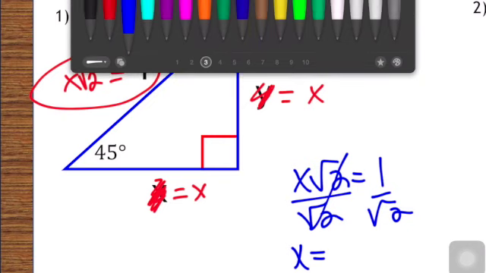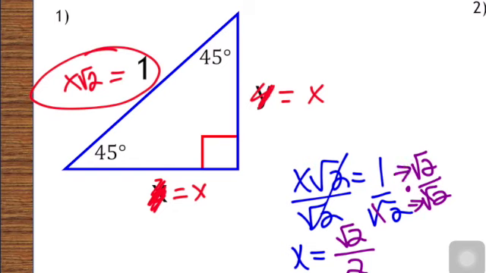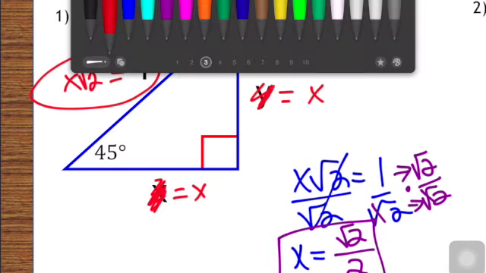Now we can't just leave radical 2 in the denominator because we typically don't want radicals in the denominator. So we're going to have to multiply the top and the bottom by radical 2. That way the denominator cancels out the radicals and I end up with just 2. And then the top is just going to stay as 1 times radical 2. And our x value is now x equals radical 2 over 2.